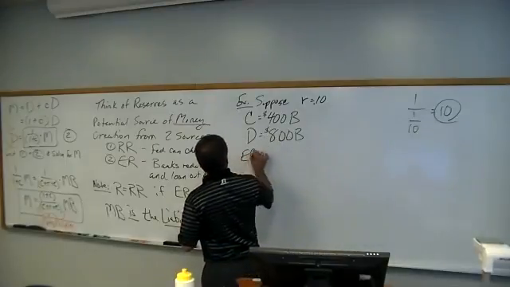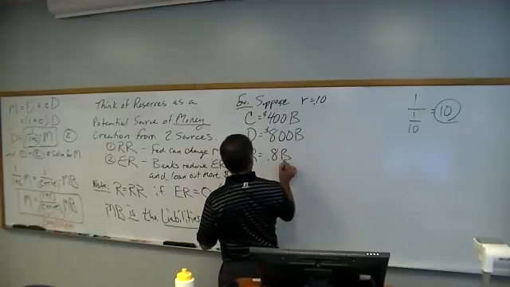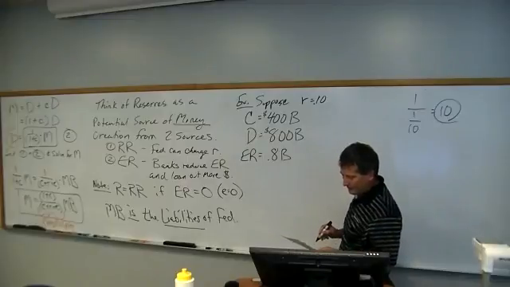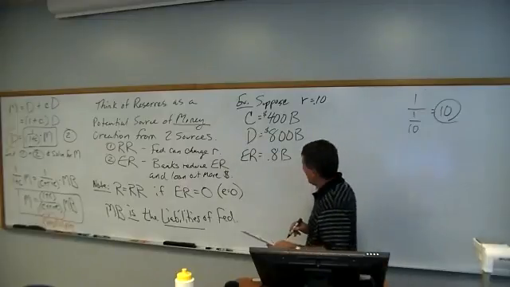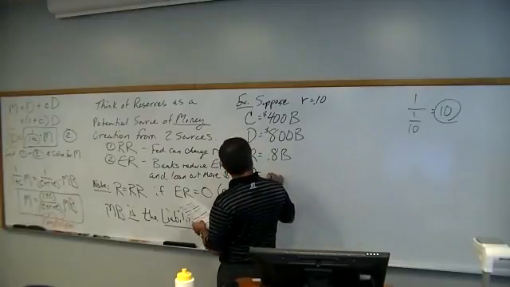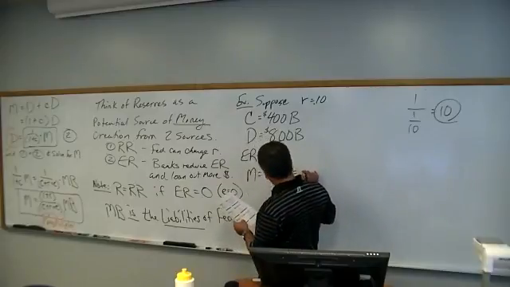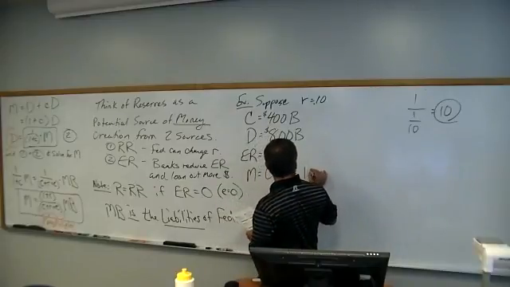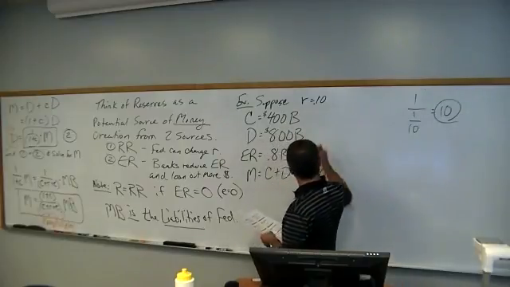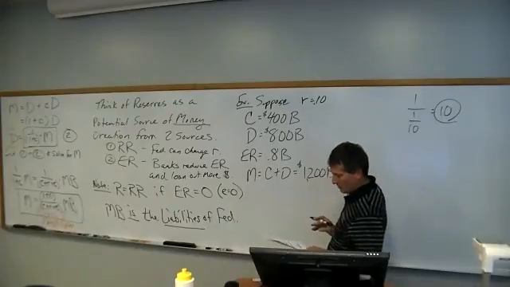Excess reserves equals 0.8 billion. Money supply, M, which equals currency plus deposits, equals 1,200 billion. We've been throwing the B's around. 1,200 billion, 1.2 trillion.